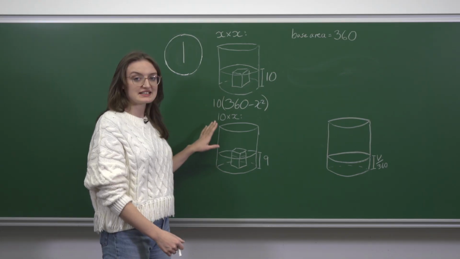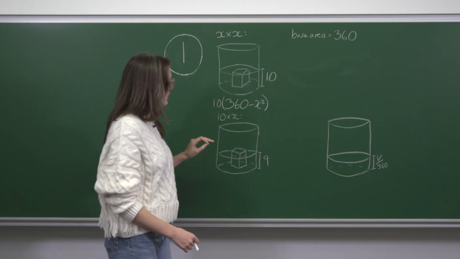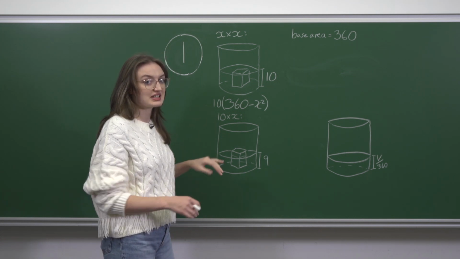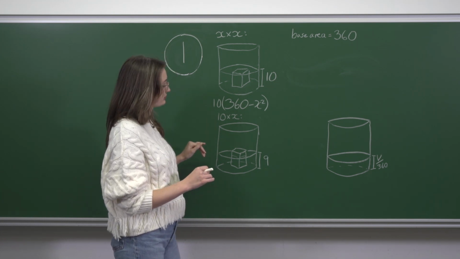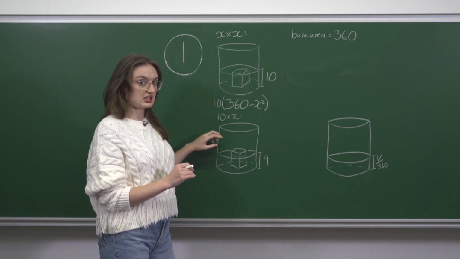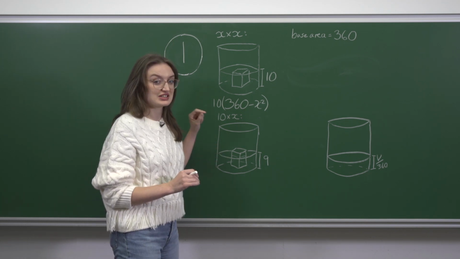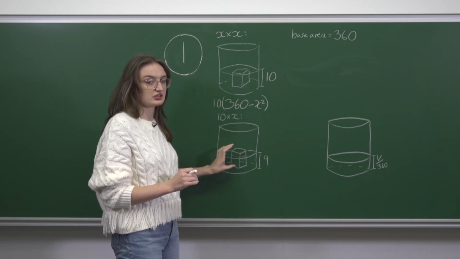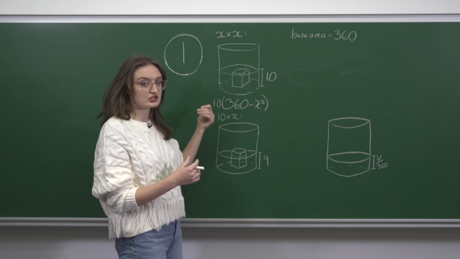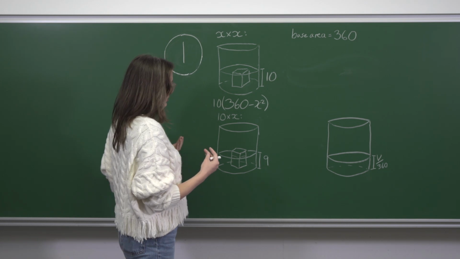We can do basically the same thing with the second diagram, but we have to be a bit careful here. We haven't been told what x is, so how do we know that the cuboid isn't completely submerged by the water? Well, we're told that the water level drops between these two configurations. This means that less water is displaced by the cuboid in this position. If the cuboid was completely submerged, as it is in the first diagram, we would have the same amount of water displaced.